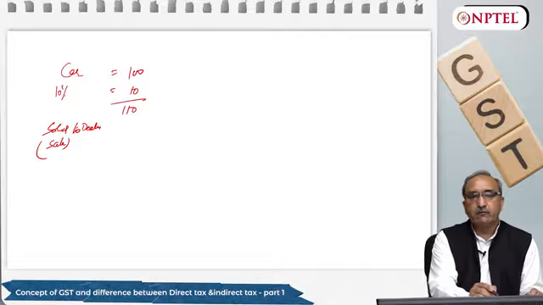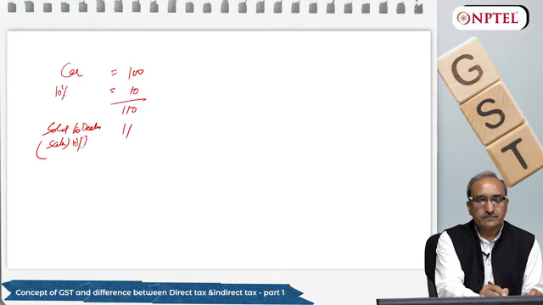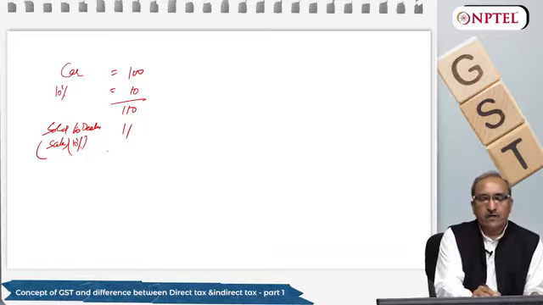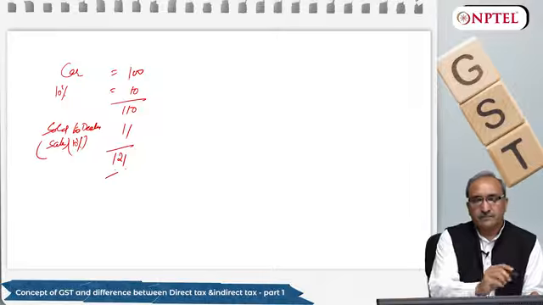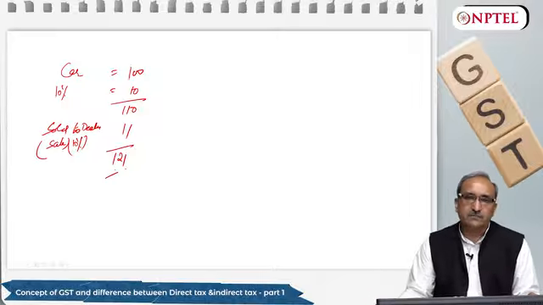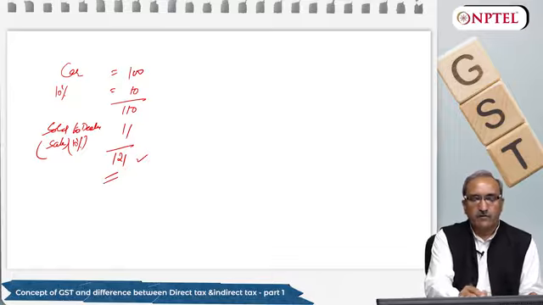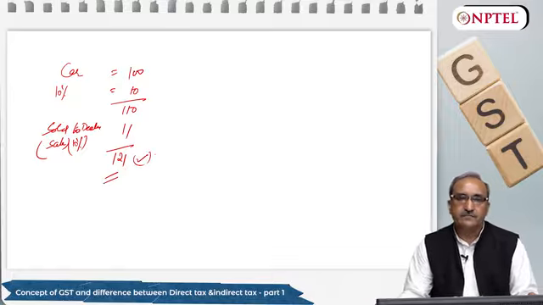On 110 rupees, 10% sales tax means 11 rupees will be added to the value. So the car value will come to 121. Any customer who wants to buy this car has to pay 121 rupees to a dealer.